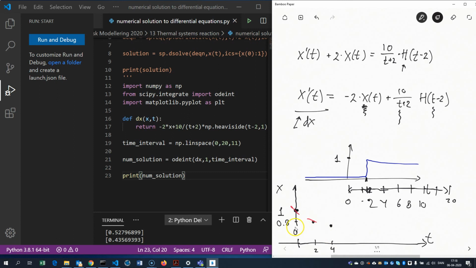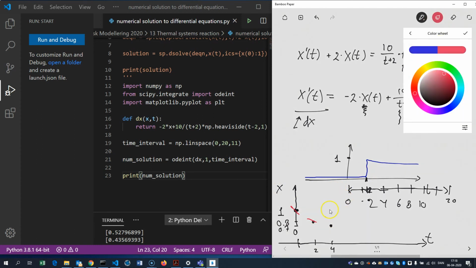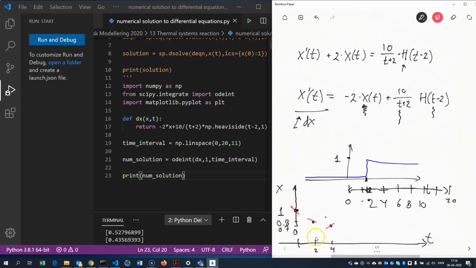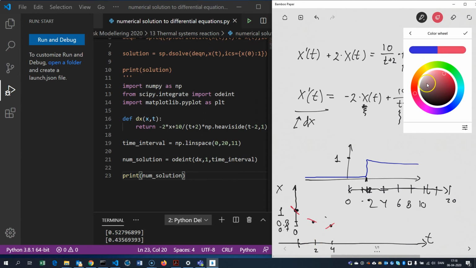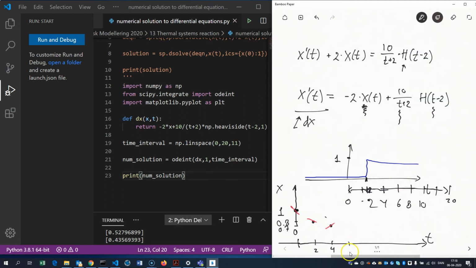And then we know that the solution is 0.7, so it sends 0.7 and the time 4 to find out what's the slope going to be at this point. Well, let's say it's like this now. Well, then the solver estimates the next solution point to probably be somewhere up here. And it keeps going like that for as many points as I specified. In my case, 11 points, from 0 to 20.